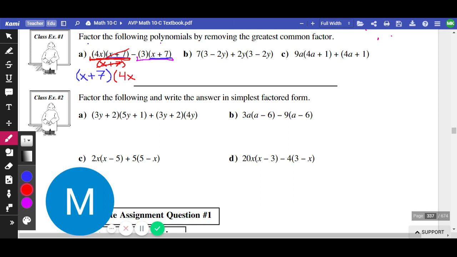That's the only thing left on the red side. On the purple side, if I divide out x plus 7, all I'm left with is a minus 3. When you remove a greatest common factor from a weird looking polynomial like that, this is your solution: x plus 7, times 4x minus 3.